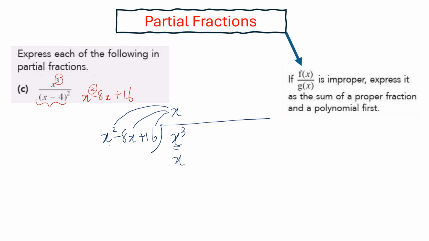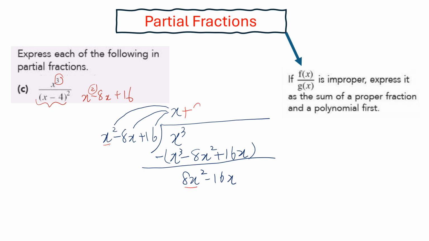So that will give you x cubed minus 8x squared plus 16x, and that will give you 8x squared minus 16x, and then take 8x squared divided by x squared again, that will give you 8, so positive 8, and then your positive 8 again, multiply with every term of your divisor.